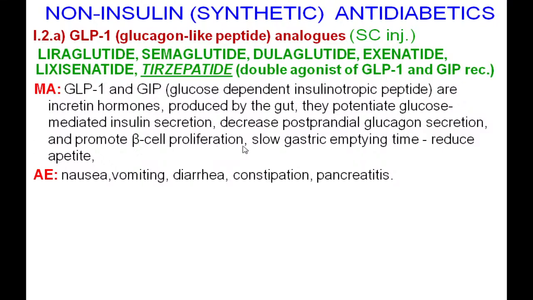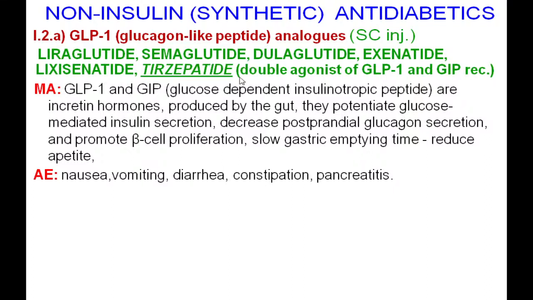Besides this, they slow gastric emptying time and reduce appetite. This is physiologic function of incretins, GLP-1 and GIP.